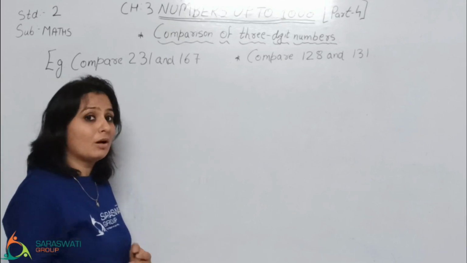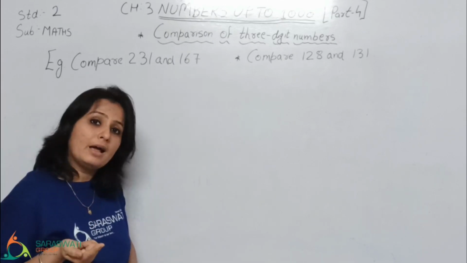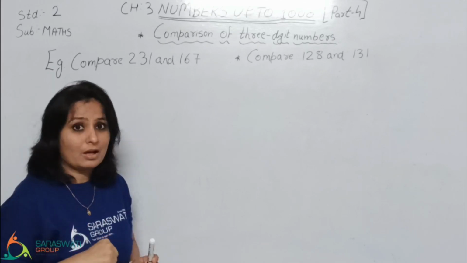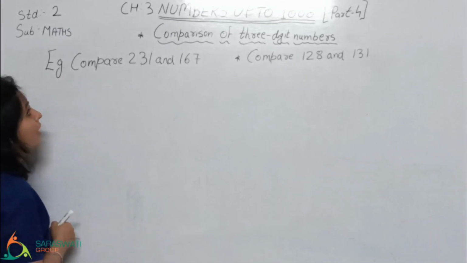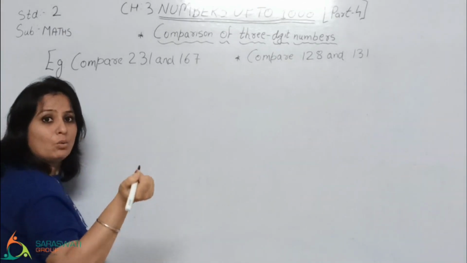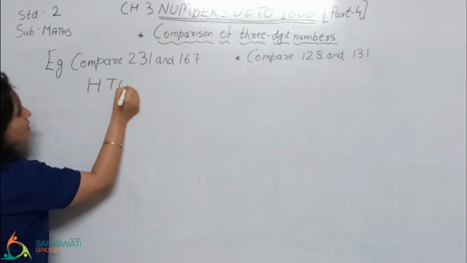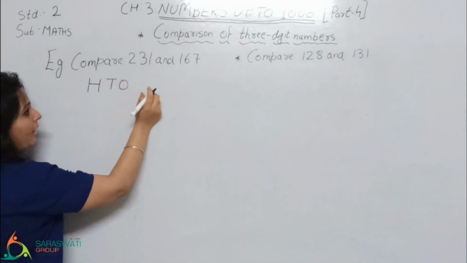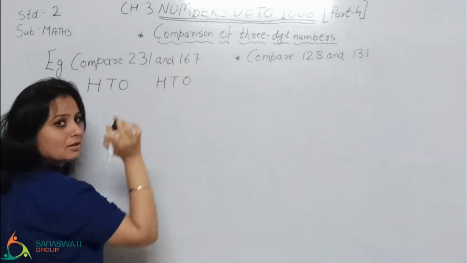अब हमको कंपैरिजन करना है, इसका मीनिंग क्या कि कौन सा नंबर बड़ा है और कौन सा नंबर छोटा है. So how we will compare them? First of all, we will write hundreds, tens and ones. So first I will write hundreds, tens, ones for this number, and here I will write hundreds, tens and ones for this number.